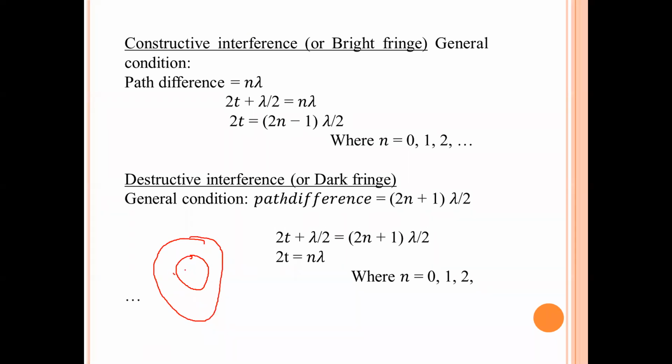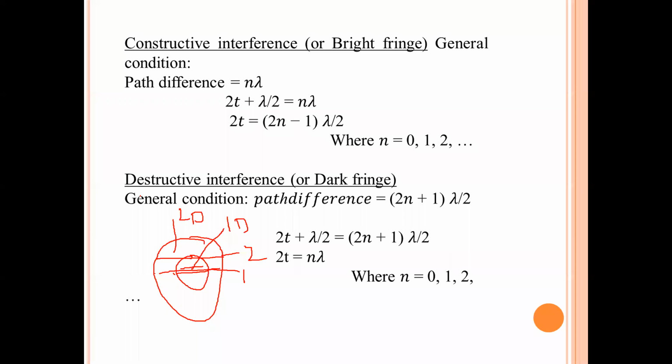This is the first bright ring, this is the second bright ring. Now this is the first dark ring, and this is the second dark ring. So we have to calculate the expression for the diameter of the bright ring and the diameter of the dark ring.